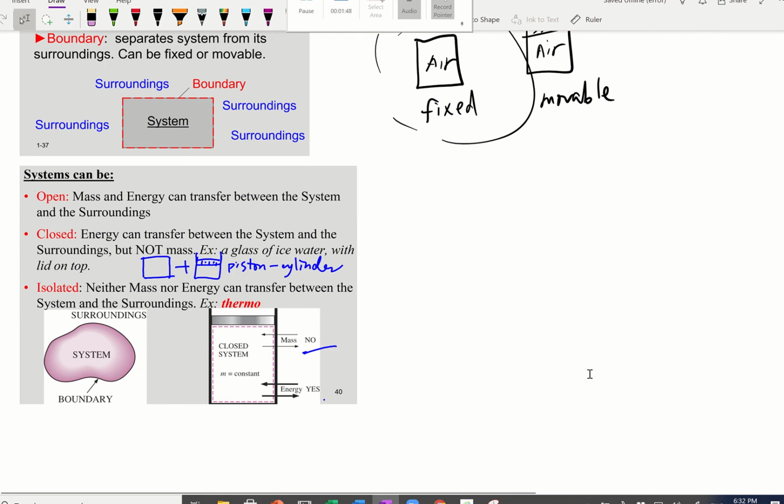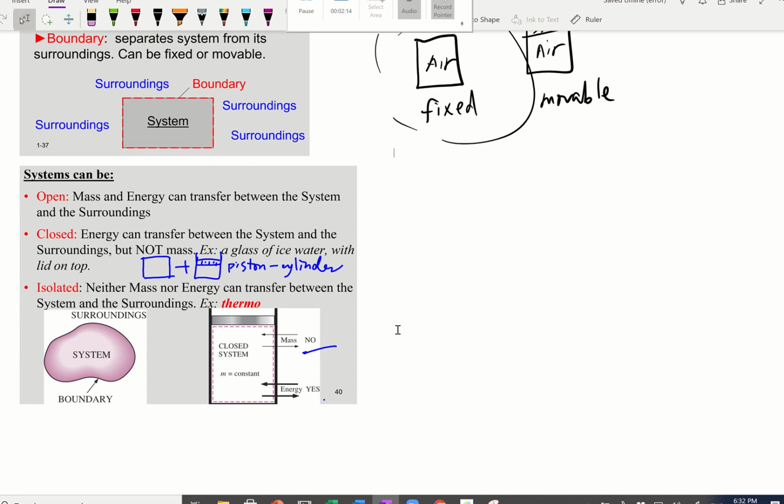So now let's look at an example. For example, here they said a glass of ice water with a lid on the top. In that situation, do you see water going in and out? Is there any mass of water going in and out? No, if the seal on the lid is pretty good, there shouldn't be water going in and out. So there's no mass transfer.